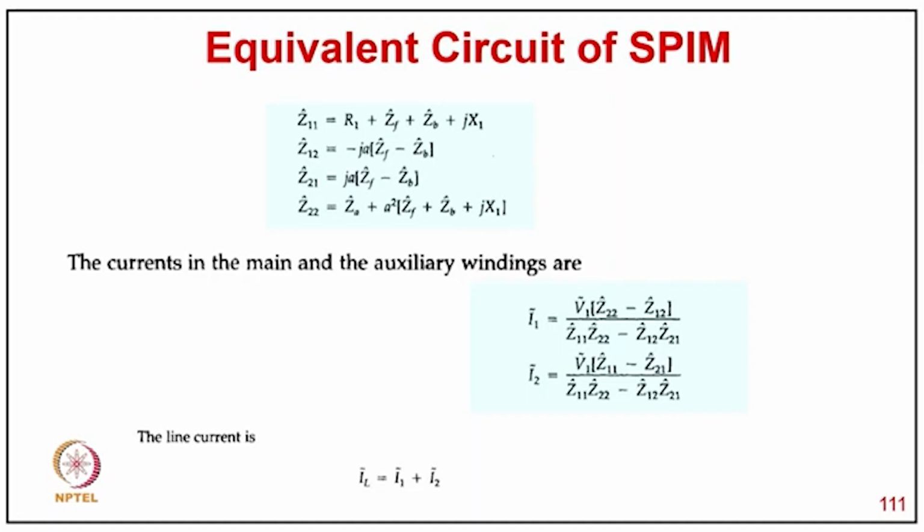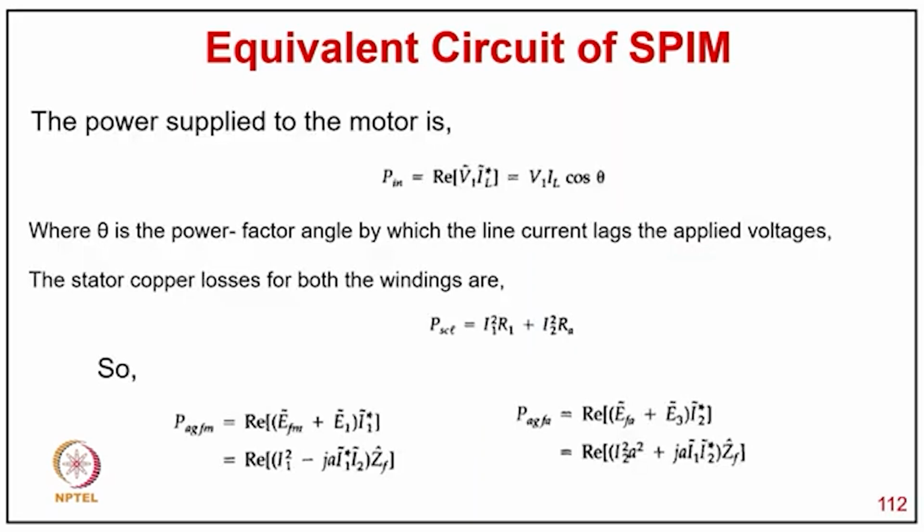And now line current is IL equal to I1 plus I2, and you can find out the power supplied to the motor: P_in equal to the real part of V1 IL conjugate, that is V1 IL cos theta, where theta is the power factor angle between the line current and the applied voltage.